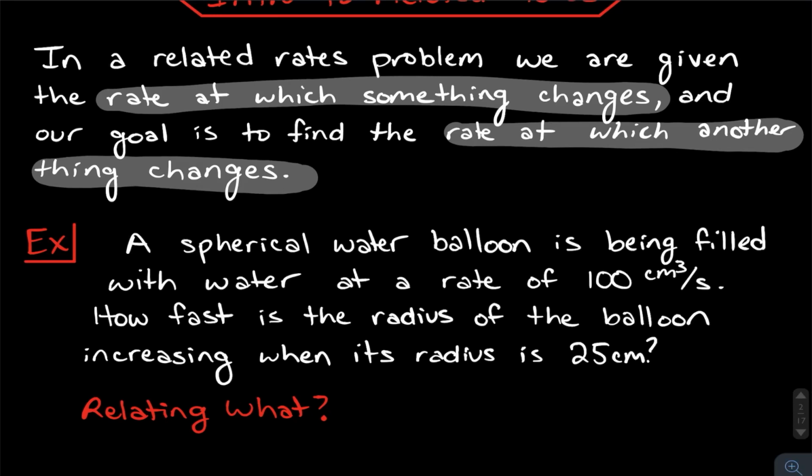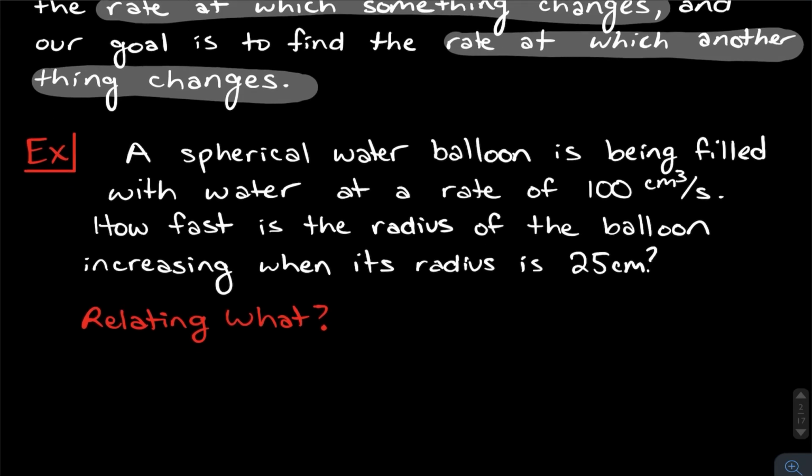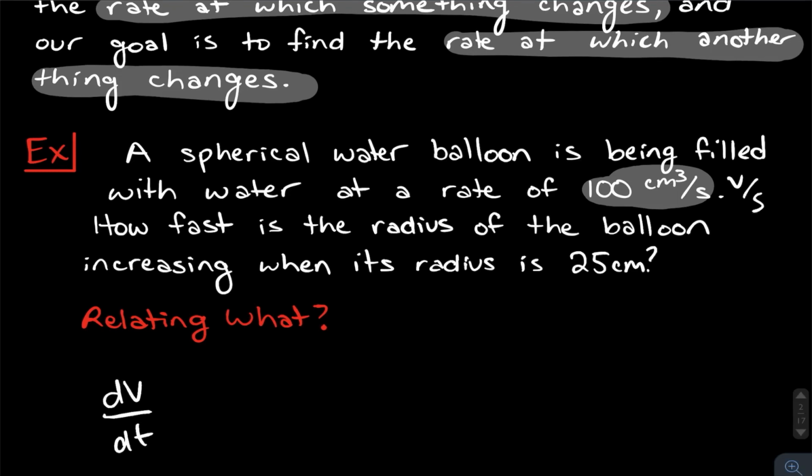All right, pulling everything together here. There are two things that we are relating here, right? Two rates. One of the rates is the rate at which the spherical water balloon is being filled with water. That's here: we have centimeters cubed per second, right? That is the rate at which the volume is changing in time, volume per time.